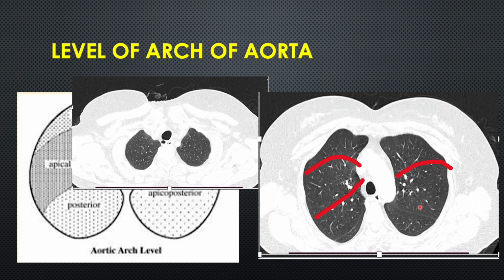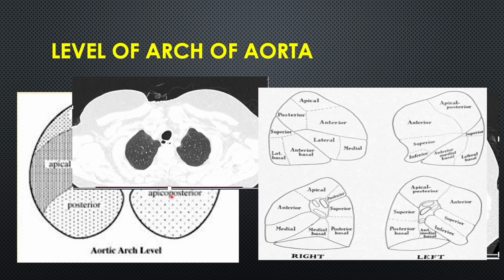Above the fissure, it's only the upper lobe, and in the upper lobe on the right side we see all the three: anterior, apical, posterior, and on the left side we should be seeing the apico-posterior as well as the anterior.